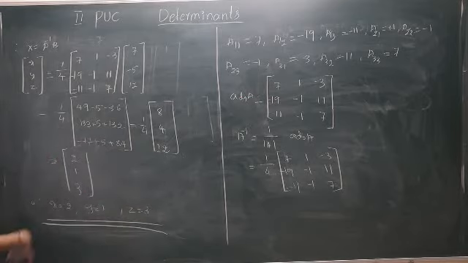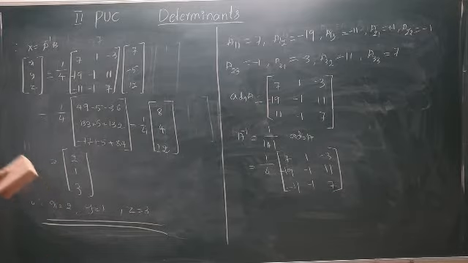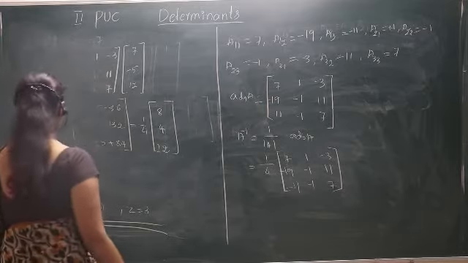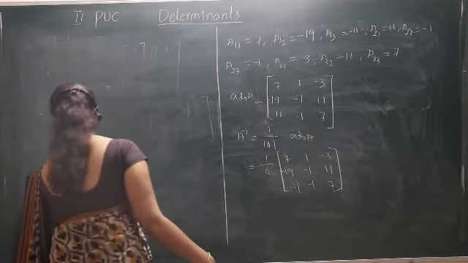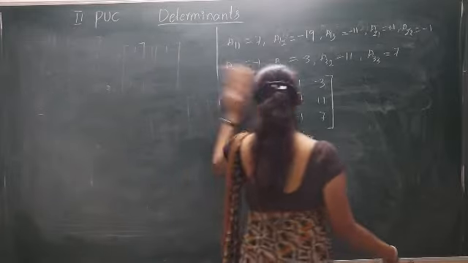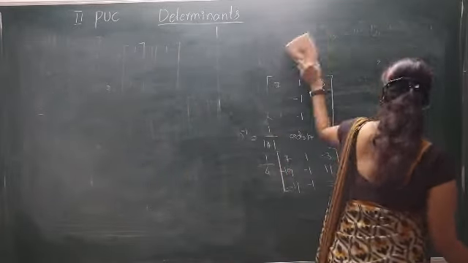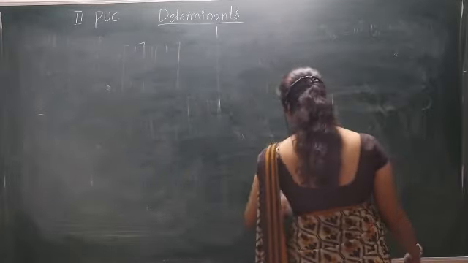So this is the solution of the system of equations. Same kind of problems are there in the exercise, so you solve the exercise problems as well as the example problems yourself.